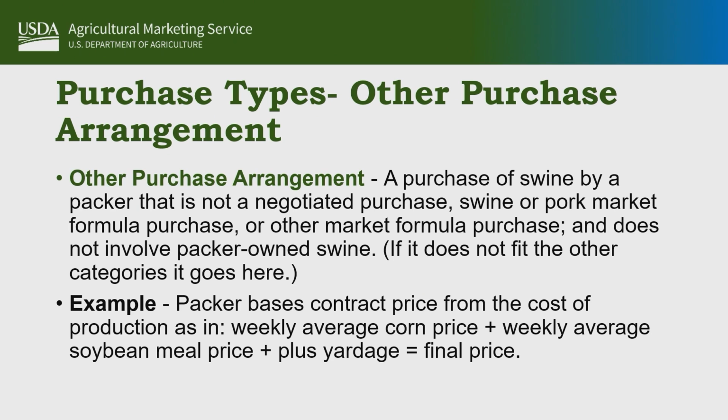Other purchase arrangement. Now, this one was originally designed kind of as a catch-all. If it doesn't fit any of the other definitions, it falls into this one. So if you've got anything with a grain in the calculation, or you're adding in like a non-carcass merit premium, those fall into this other purchase arrangement.